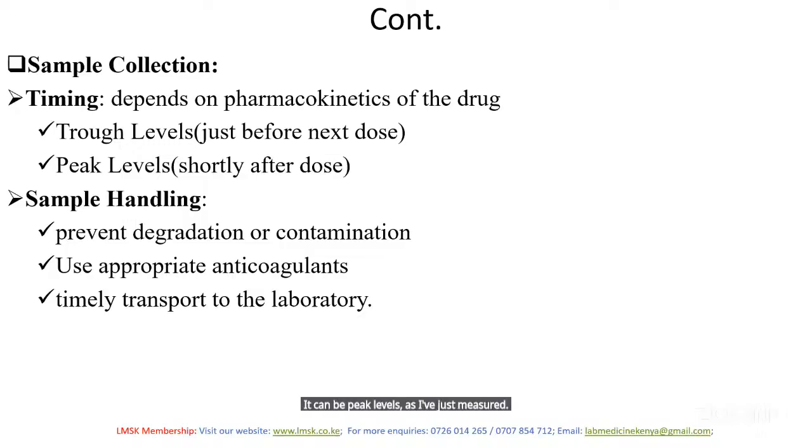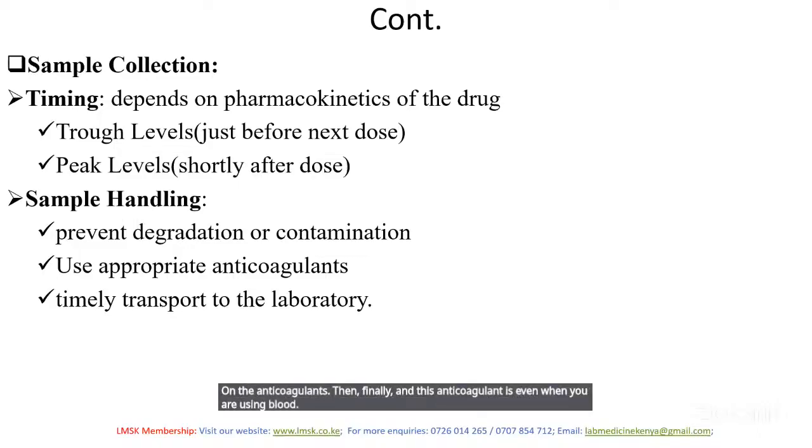Then, the other important factor is sample handling. Remember, drugs are chemicals. They will undergo degradation. So, as much as possible, prevent degradation or contamination. This can be by way of preservation. Where necessary, use appropriate anticoagulants, when you are using blood.